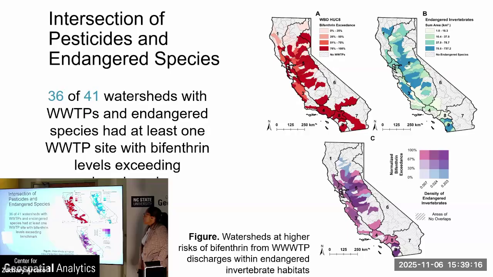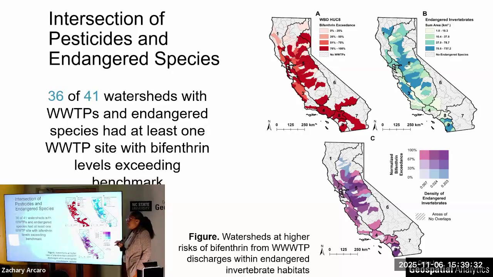And then lastly, with that study, what we did was, now that we are aware that we have some areas that are at a higher risk of exceedance for some of these pesticides, California is also a state that has a whole lot of endangered species. If you look at a map of where endangered species occur in the United States, you're going to see a lot of it really centralized to California.